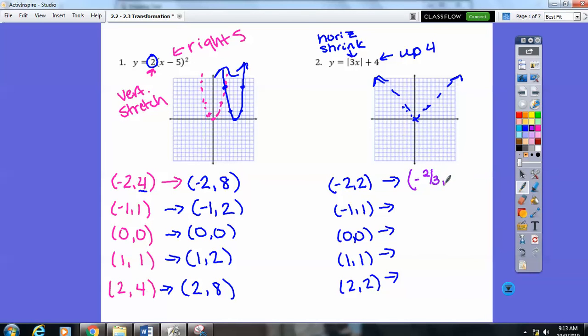So it's negative 2/3, 2. Negative 1/3, 1. 0, 0. 1/3, 1. 2/3, 2. So I went through those ordered pairs and divided every x by 3.